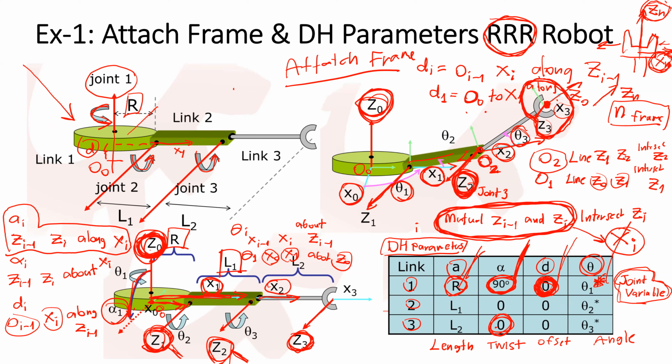The link twist is the angle from C1 to C2 about x2, the angle difference between C1 and C2 about the axis x2.